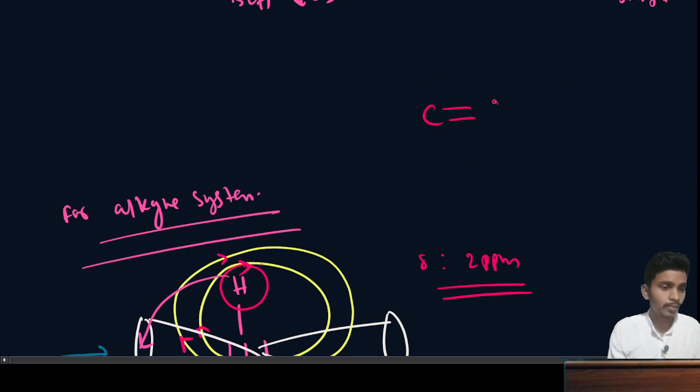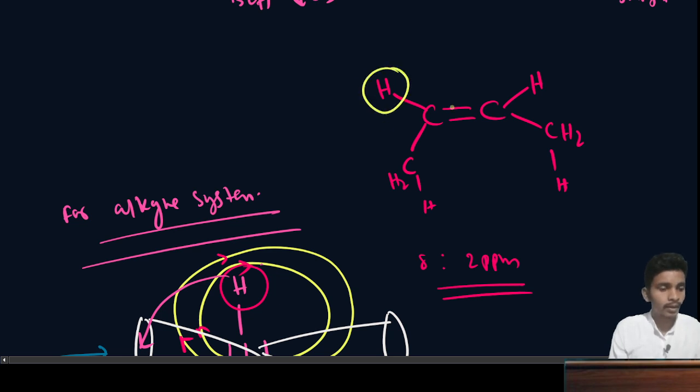Let's say C double bond C, and here we have one CH2, and another we have that H. In this case, these are the vinylic protons, and these are the allylic protons.